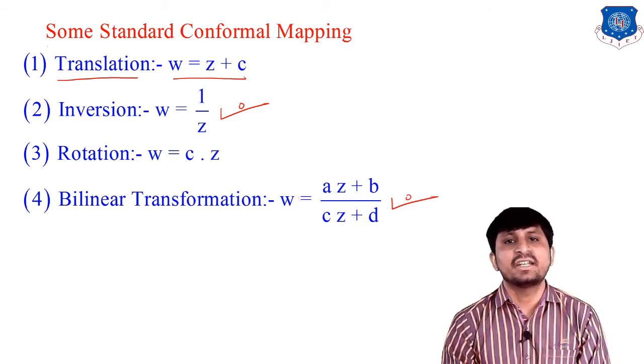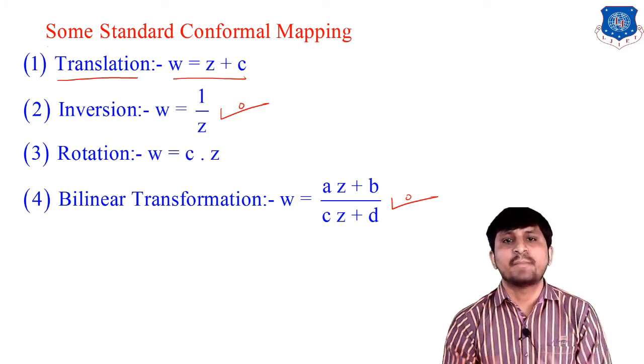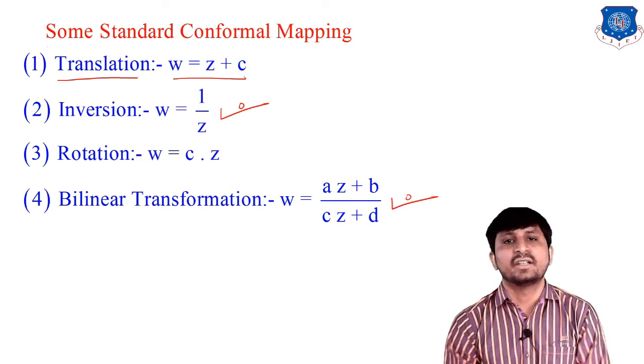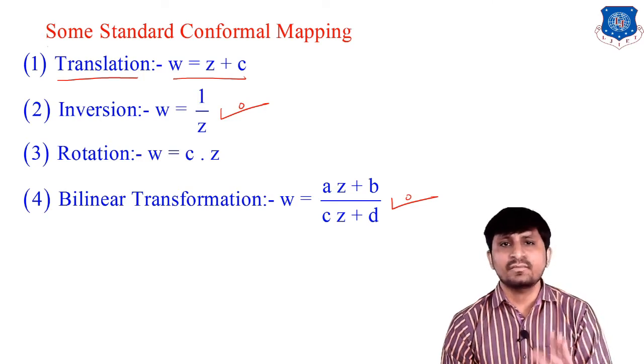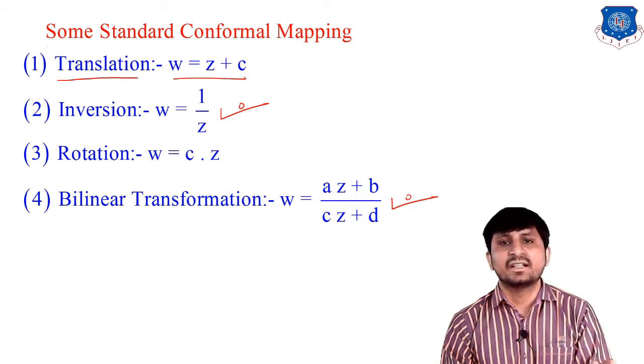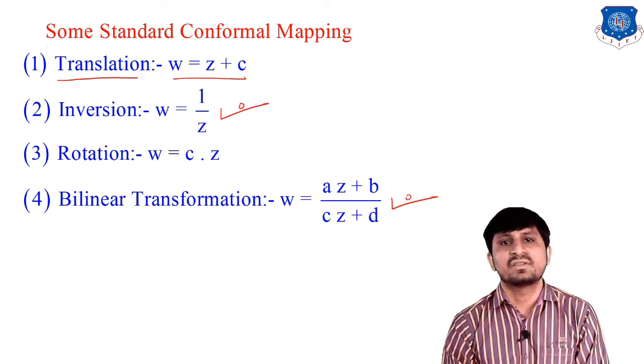Now what is the meaning of translation? Translation means we are not changing the mapping in the form of size or in the form of figure, right? If suppose there is a triangle in z plane, definitely in w plane you have a triangle. If suppose some region in z plane, definitely you have some region in w plane.